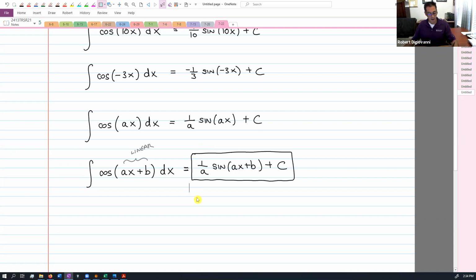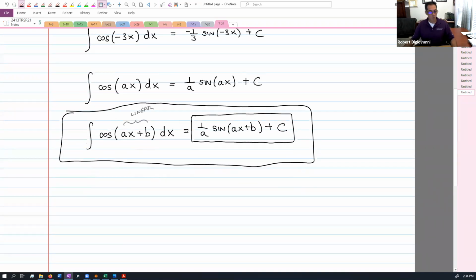Now that I would try and get into your brain as soon as possible. Let me show you one more example of that, just so you make sure you get it. If I ask you for the antiderivative of cosine of pi x plus 4. If you recognize that the pi x plus 4 is a linear expression, do you all agree that this is just a number in front of x plus a number?